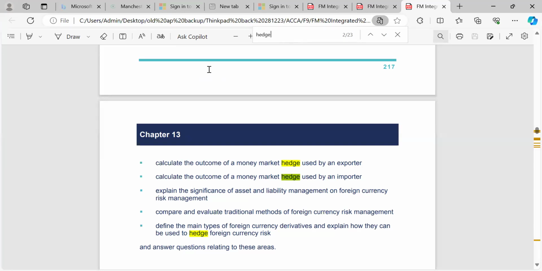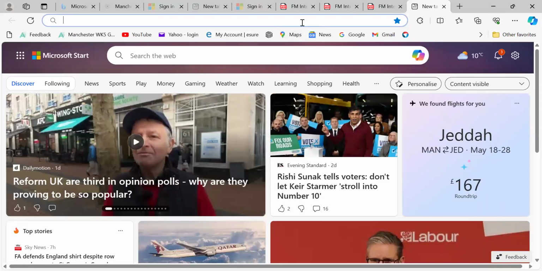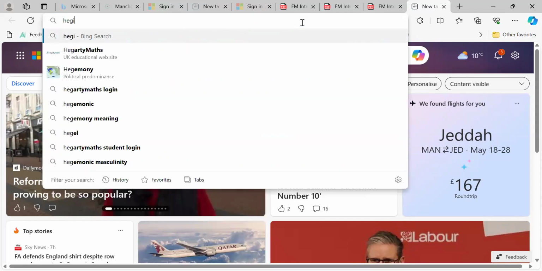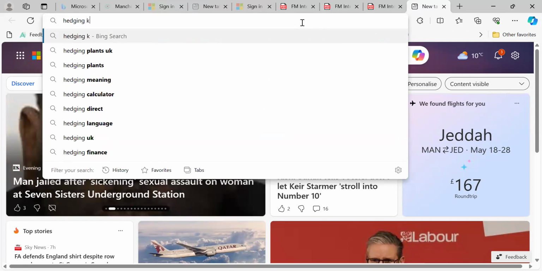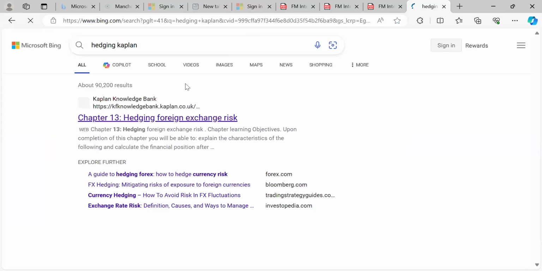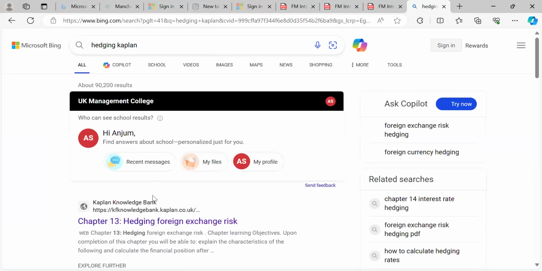So you have a workbook, an answer book and a question book. When we do the assignment, we can even pick examples from these as well. If you want other topics like hedging from Kaplan, you can find the chapter of the book from Kaplan too.